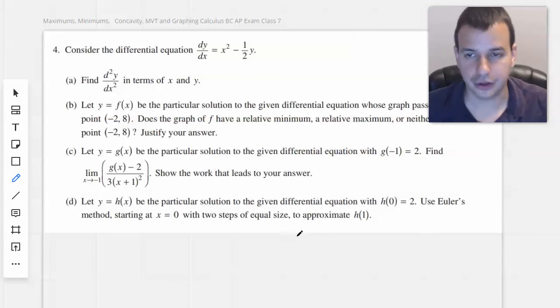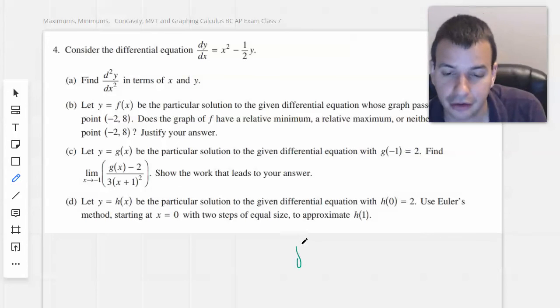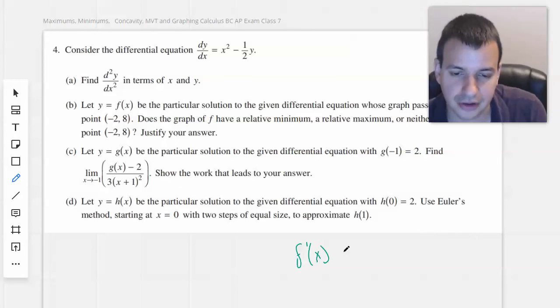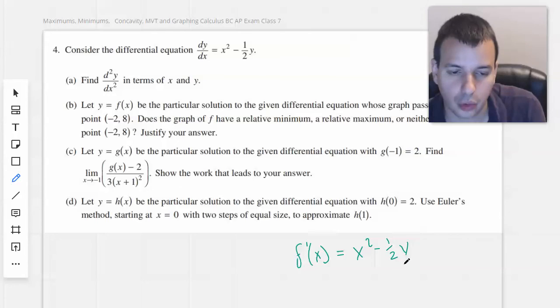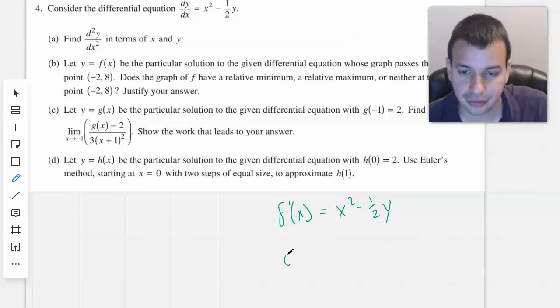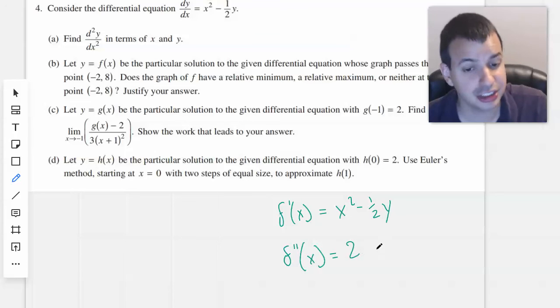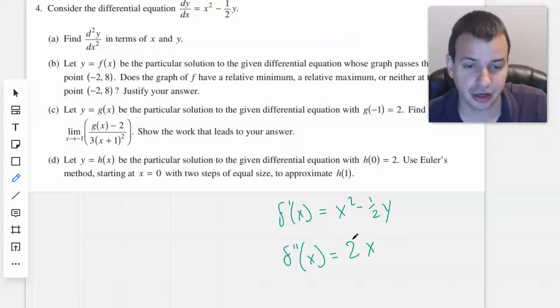Okay, focus. So we have, I'm going to write this as f prime of x, just for clarity, equals x squared minus 1/2 y. And so the second derivative would be f double prime of x, which would be, and this is the same thing as our implicit differentiation, I'll write 2x by the power rule times derivative of the interior, which would be dx over dx.